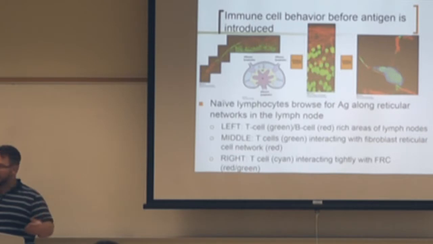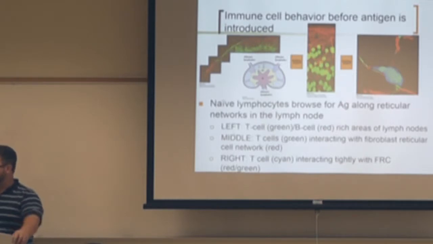It helps to focus antigens in, so you have a network of antigen presenting cells that will then be scanned by these T cells. Basically it creates a network that allows the T cells to interact with the antigen presenting cells. If you didn't have that, it would be harder for them to get together, scan each other, and then move on to the next one. It would be more random.